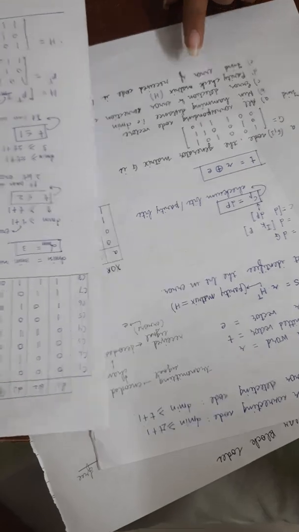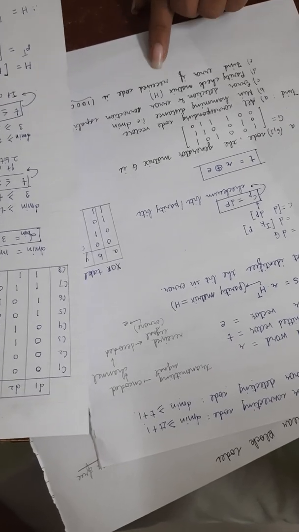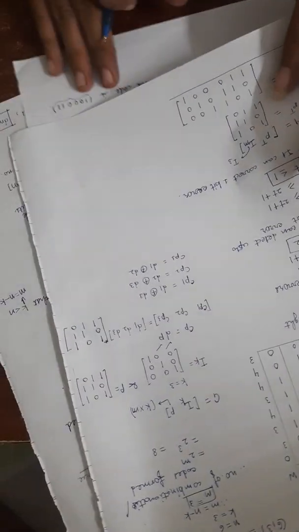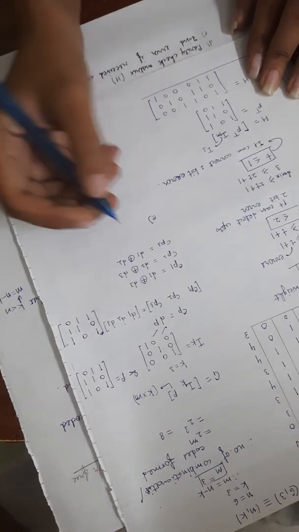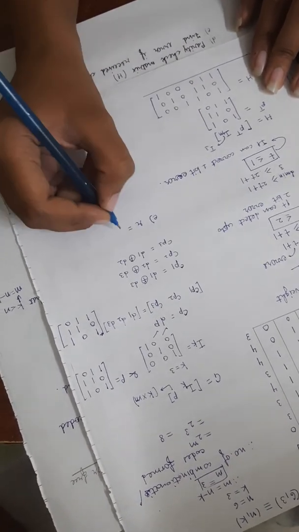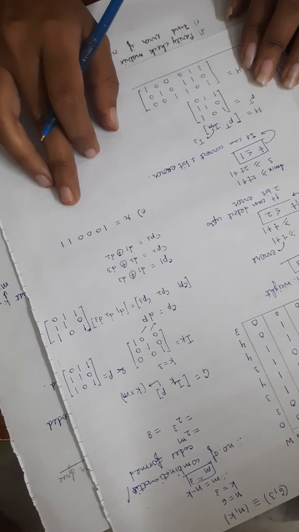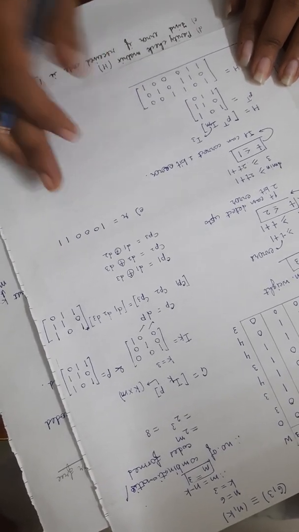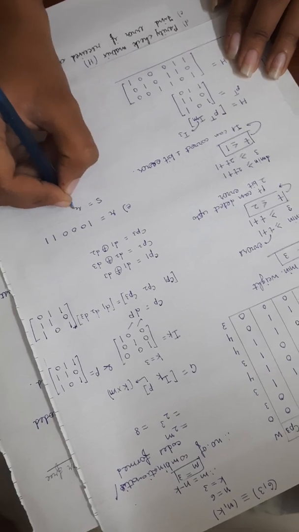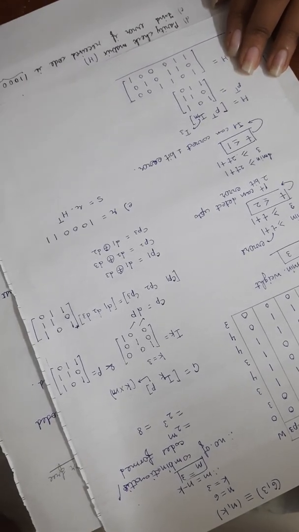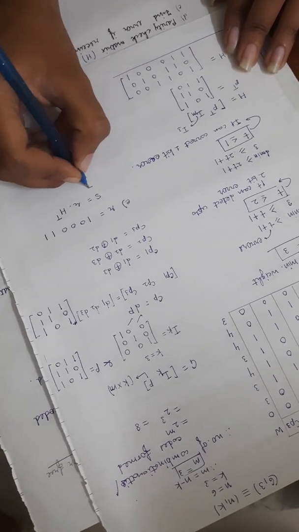Now the last part is that we have to find the error if the received code is this much. So here R is given by 100011. As we know, the syndrome is given by R dot H transpose.